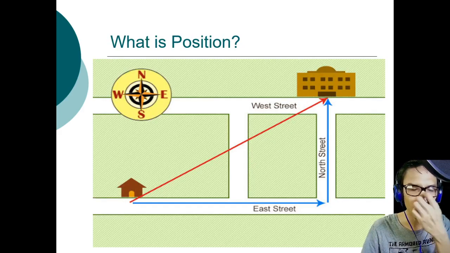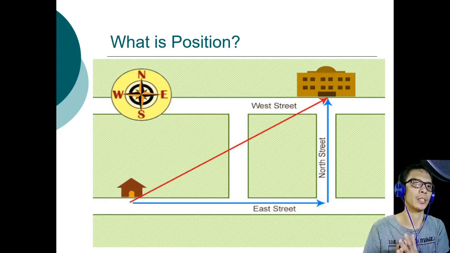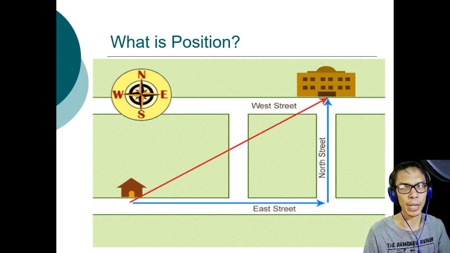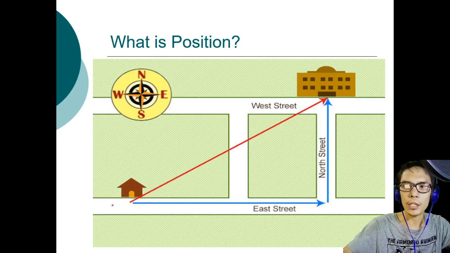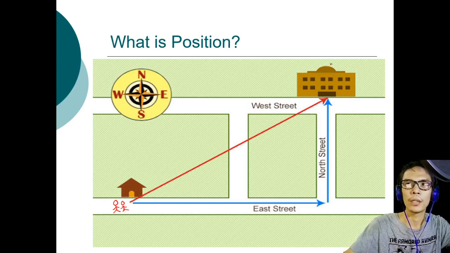Next, to further understand what displacement and distance are, I have here a situation that we can use to differentiate them. Let's start first with the two people here, and these two people are going to this building.